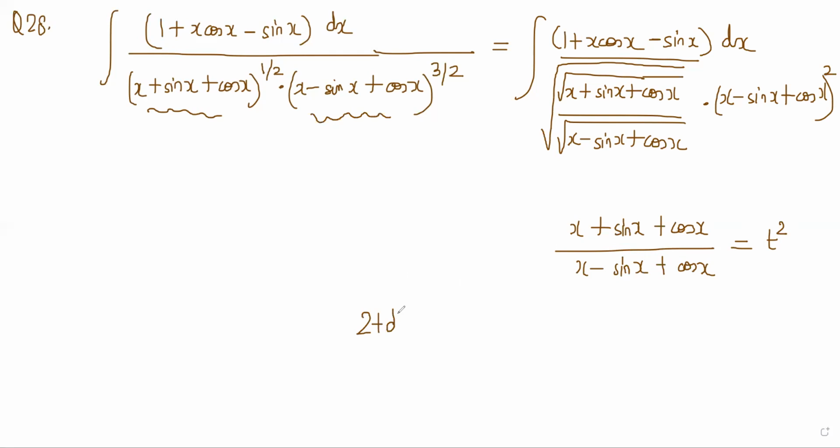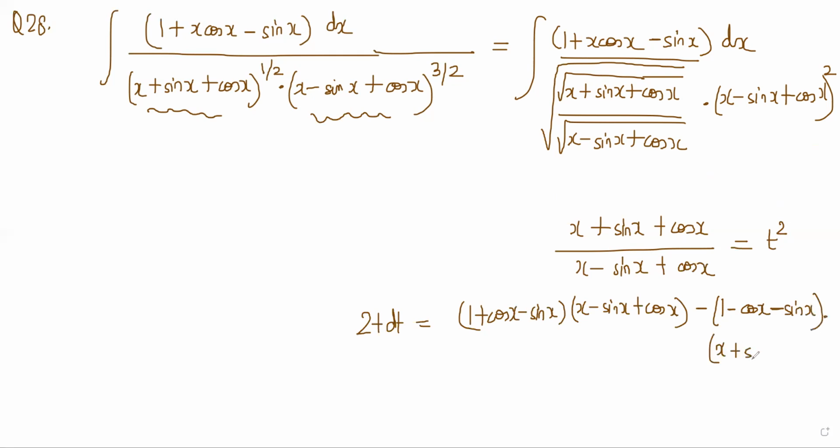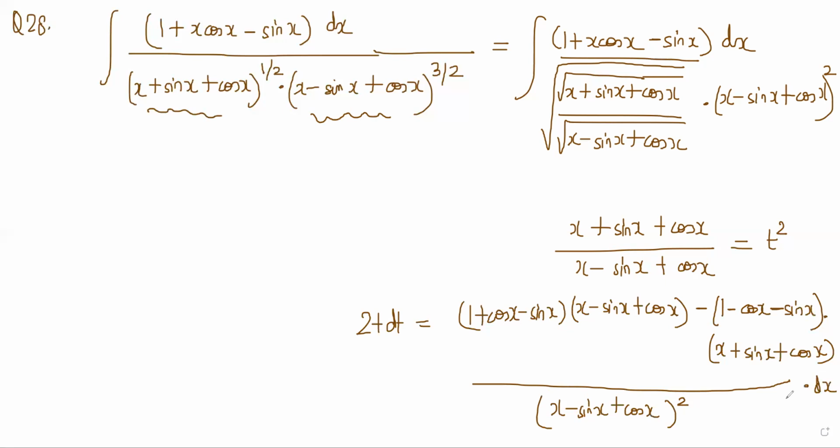So this will become 2t dt is equal to the differentiation of the top part, which is (1 + cos x - sin x) multiplied by (x - sin x + cos x), minus the differentiation of this, which is (1 - cos x - sin x) multiplied by (x + sin x + cos x), and the whole thing is divided by (x - sin x + cos x) whole square, with multiplication by dx.